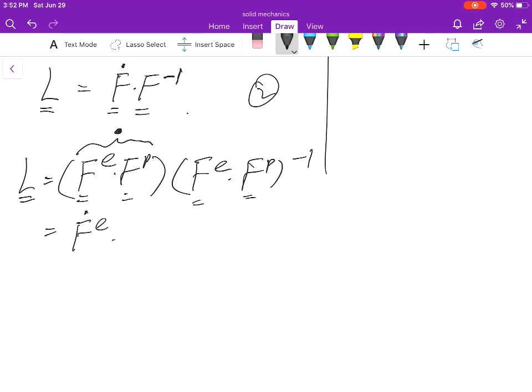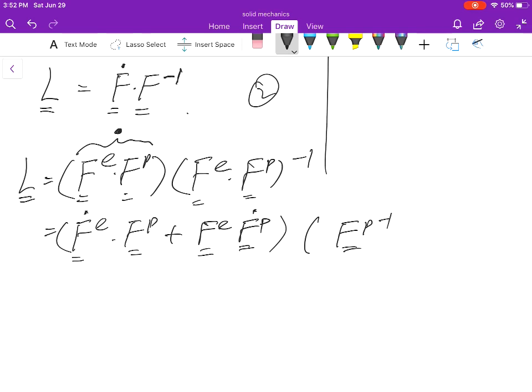So what we get is this plus, I will do a very quick one to save both your and my time. Here we have Fp inverse, Fe inverse. That's a simple one.